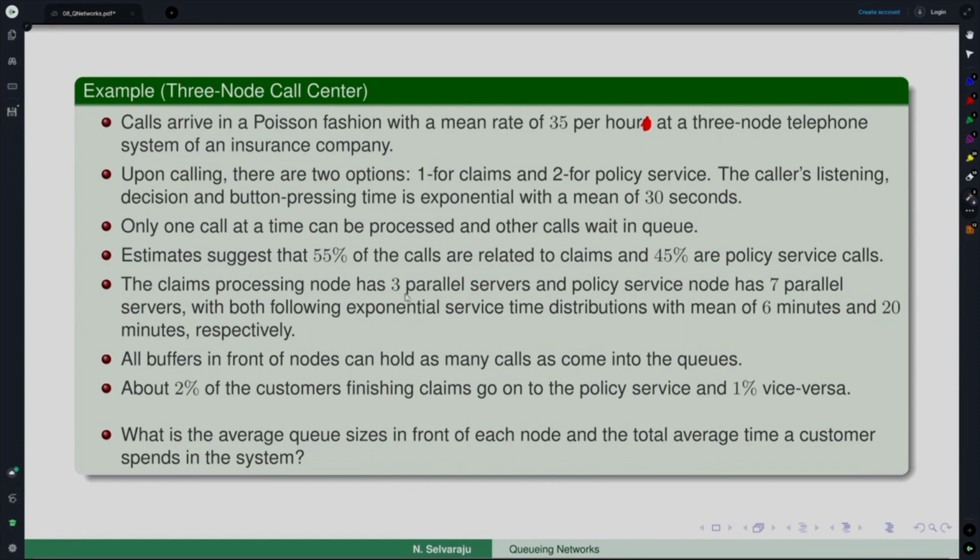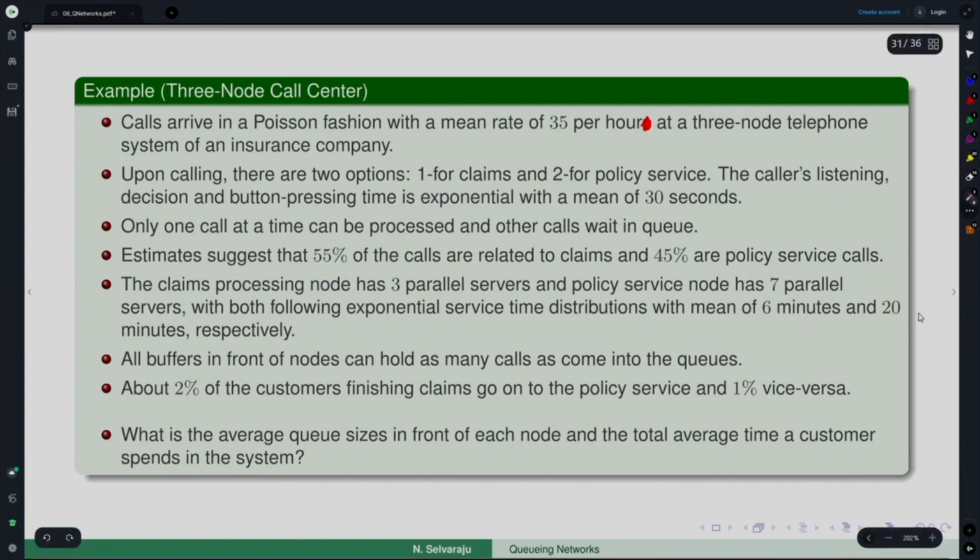The claim processing node has 3 parallel servers, and the service node has 7 parallel servers, both following an exponential service time distribution with a mean of 6 minutes, because claim processing may take a little shorter, as you just have to give out the forms, tell which form to fill, and close it.